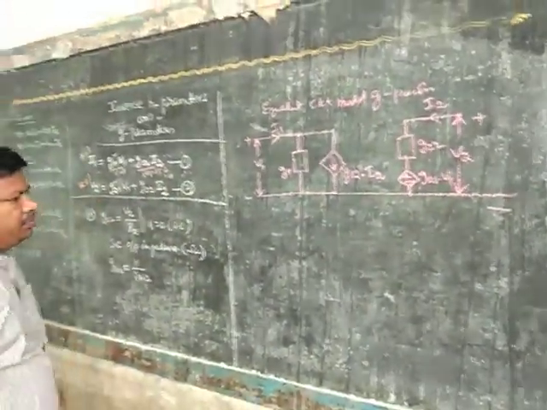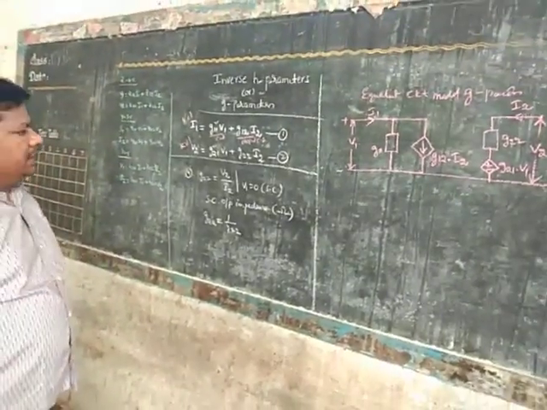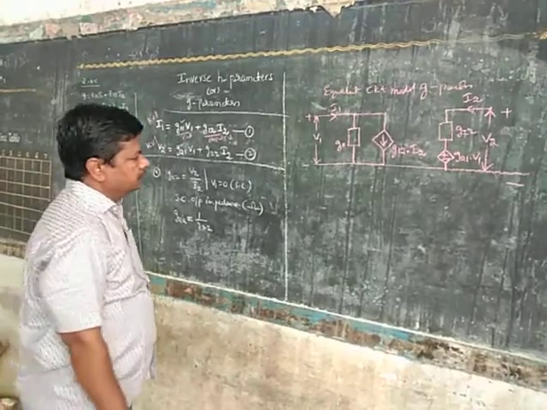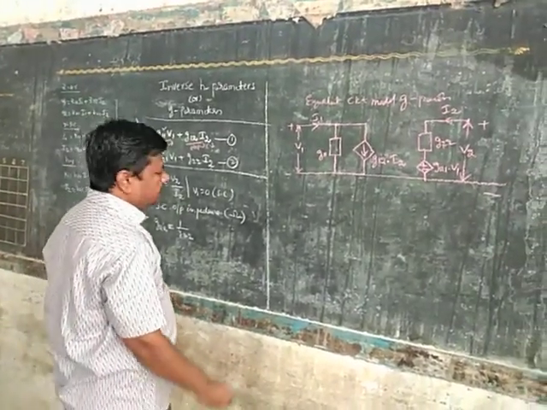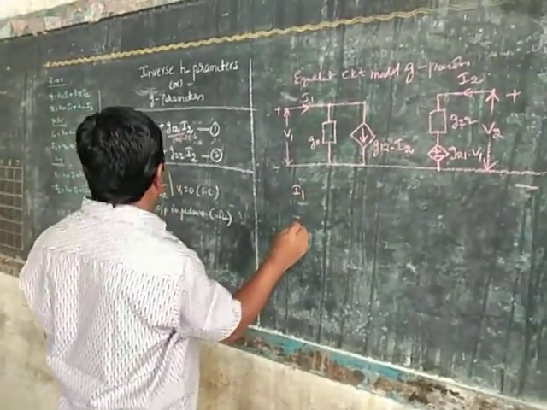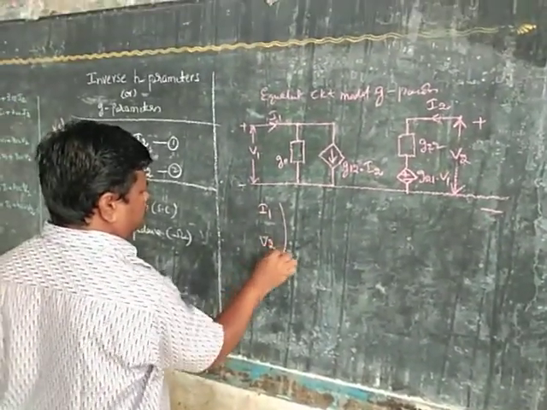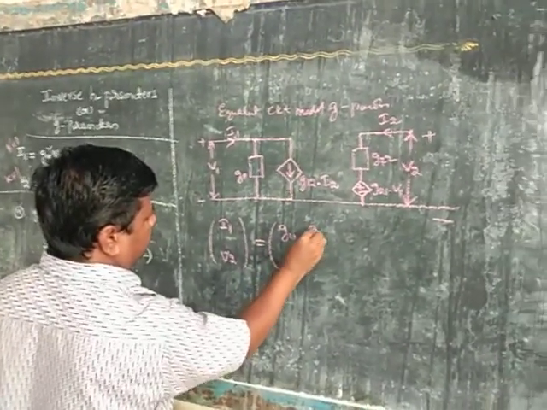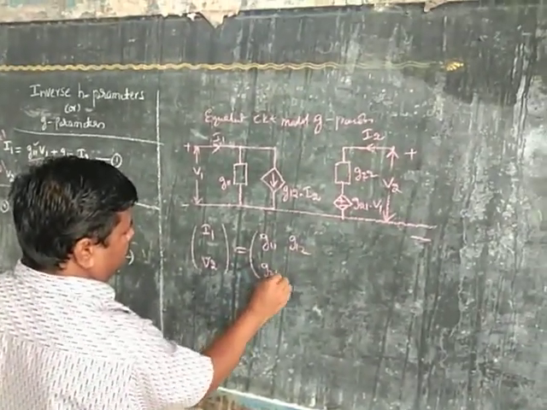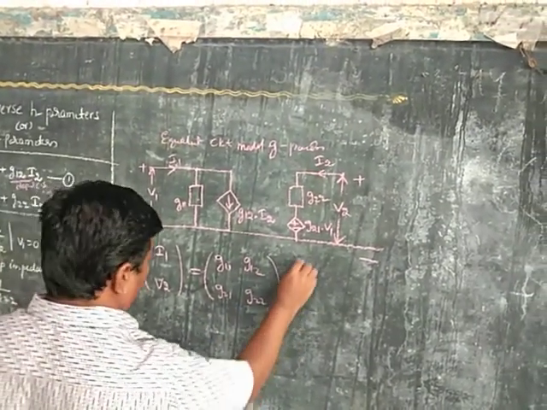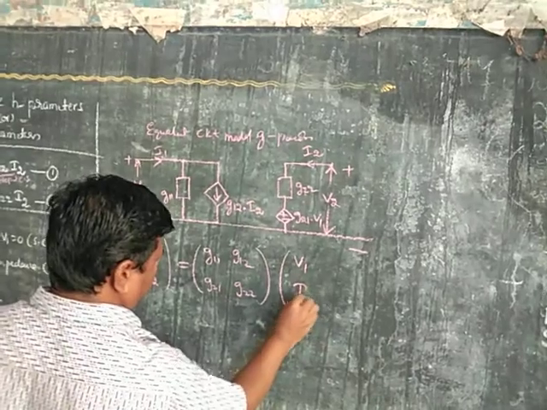Now by using a simple problem, we can calculate all G parameters, or we can write it in terms of a matrix. This is I1, V2 is equal to G11, G12, G21, G22 into V1, I2.